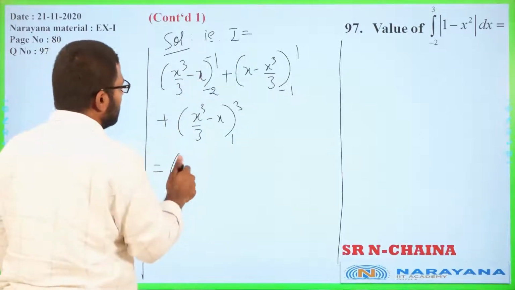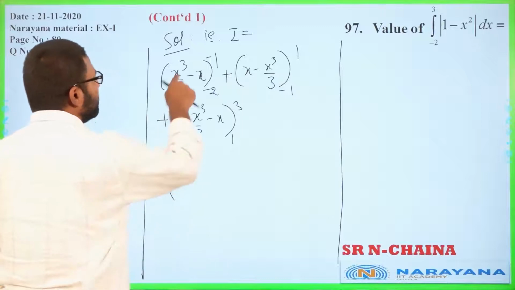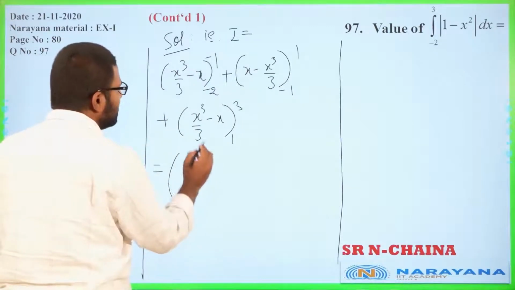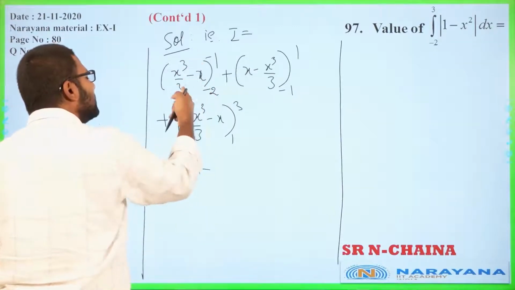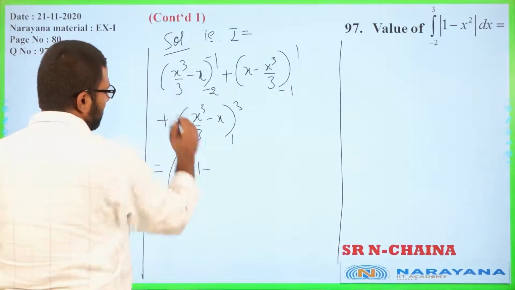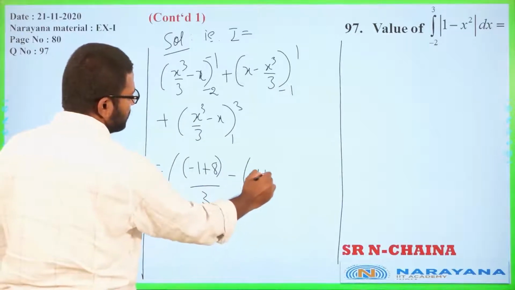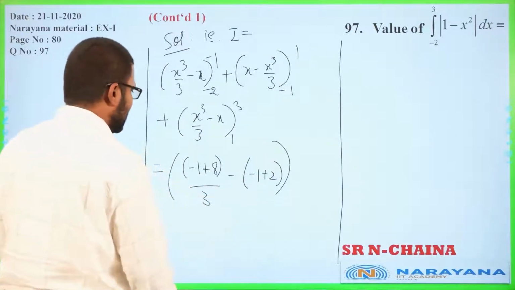Substitute minus 1 here. So x cube, you have minus 1 minus, I am directly substituting each of these limits in every term. So minus 1 plus 8 by 3 minus minus 1 plus 2, that is the first bracket.